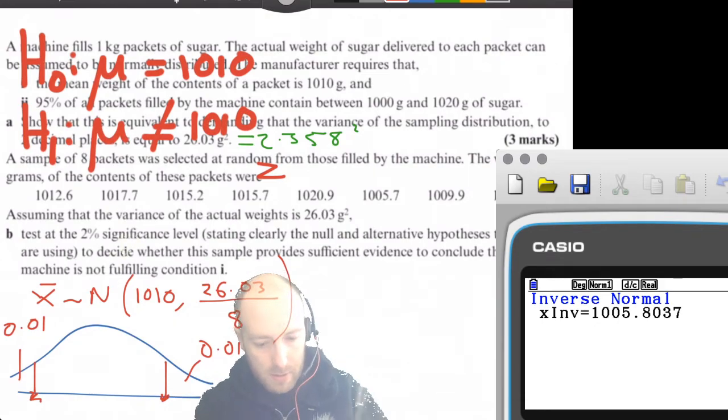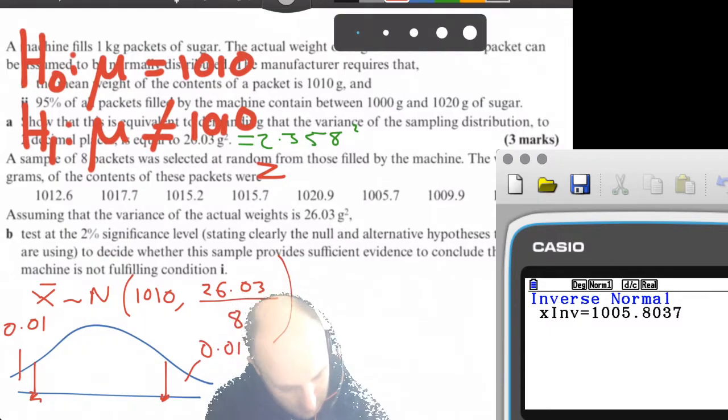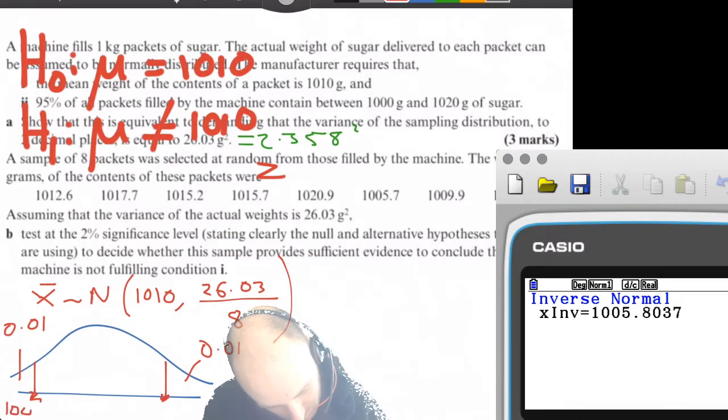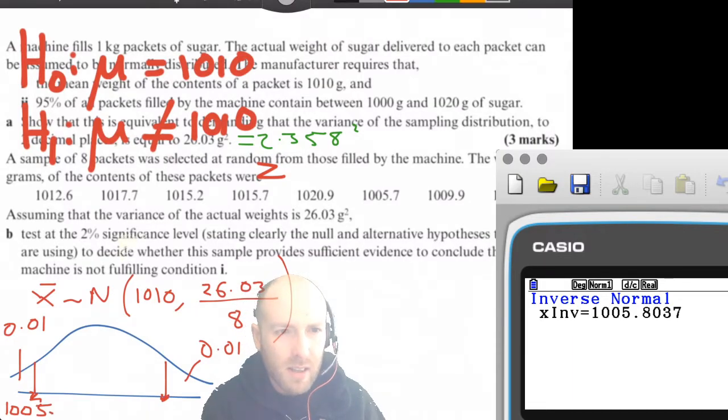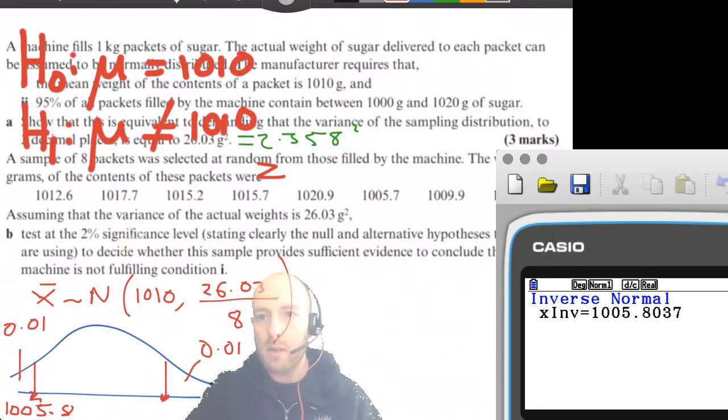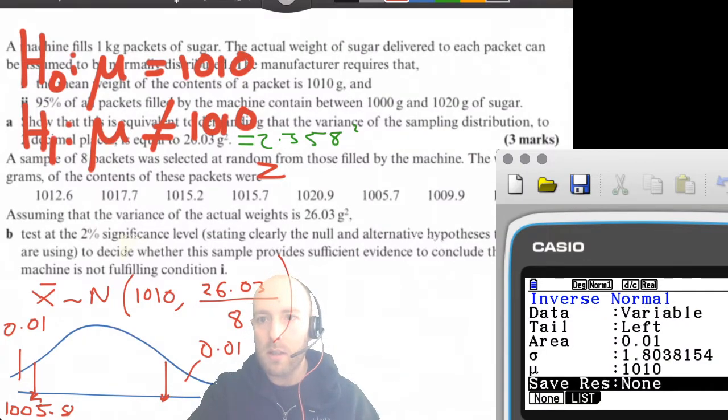There's not actually much space here. Let's see if I can fit it down there. 1005.8. Can you guys see that? Just about. And let's do the upper as well. So I can just change the tail.